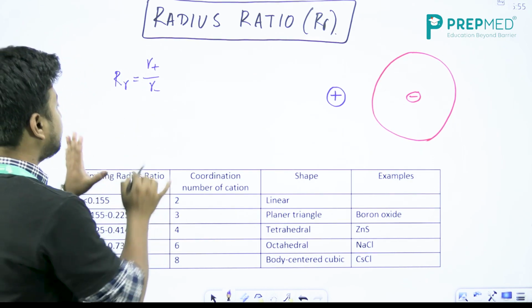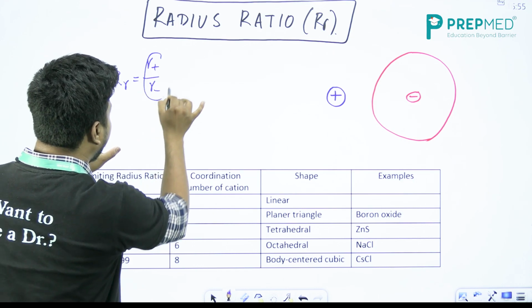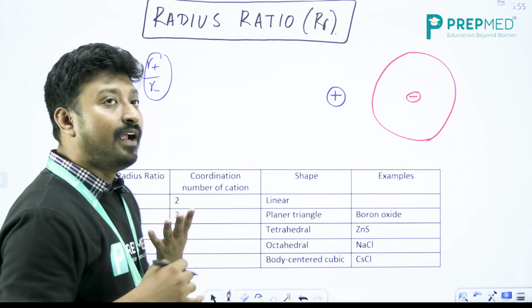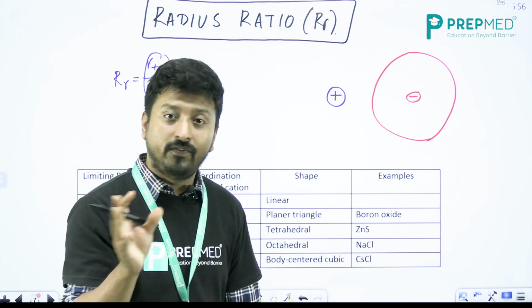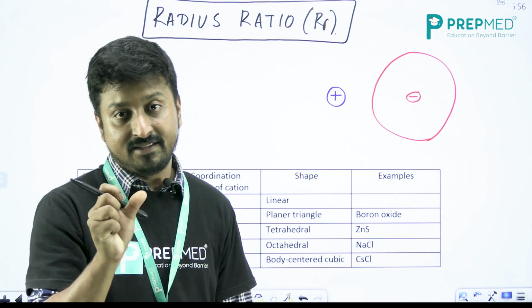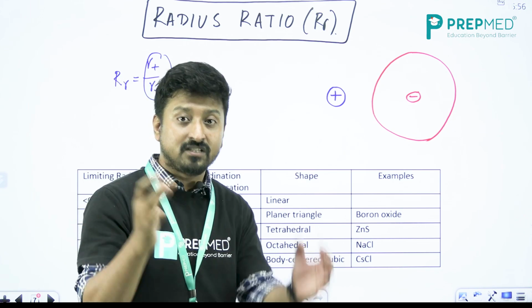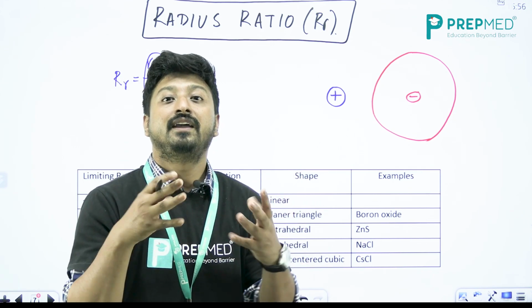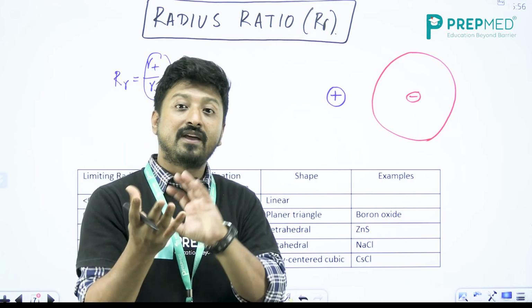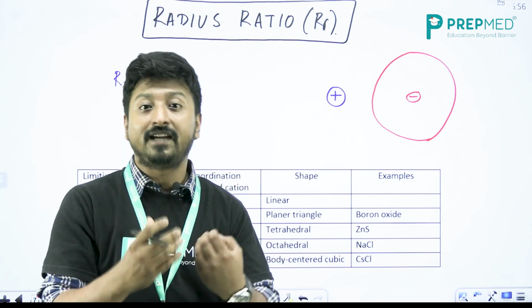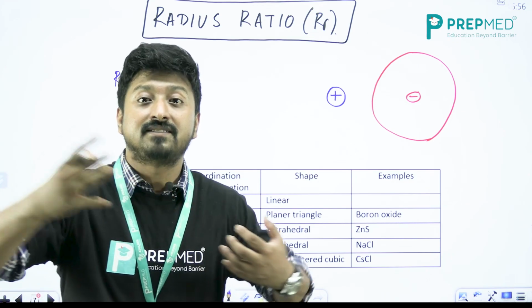Now see, it is very obvious that the cations will always be smaller in radius, as there is a higher effective nuclear charge which increases the electron-nucleus attractive force and makes the size smaller, whereas in case of anion the electron repulsion makes the size larger.